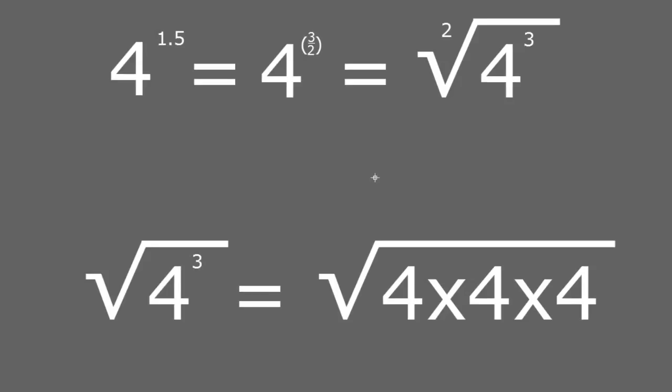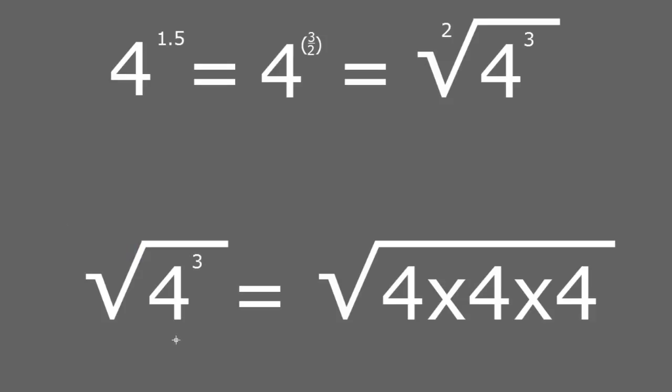Now, remember that a root with grade 2 is the square root, and if I want to, I can choose to ignore writing the number 2, because a radical sign without any number in the grade equals the square root. So this expression, which has the number 2 on the outside of the radical sign, is exactly the same thing as this one that has no number on the outside. Both of them are the square root of 4 cubed.